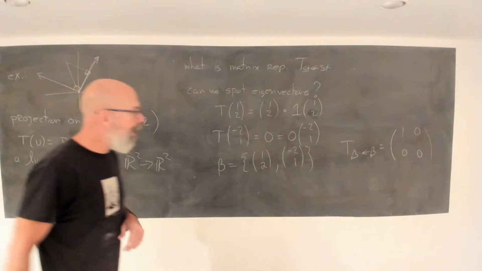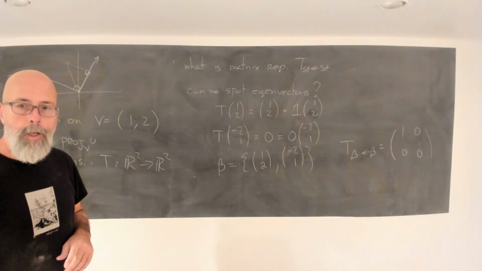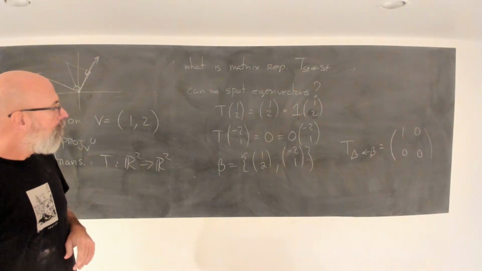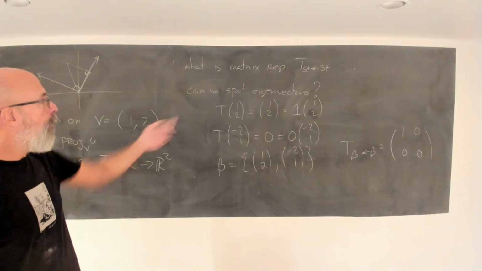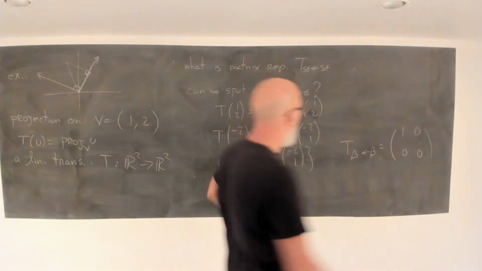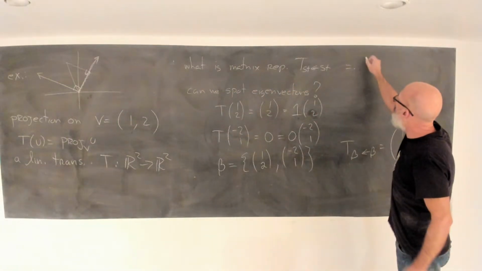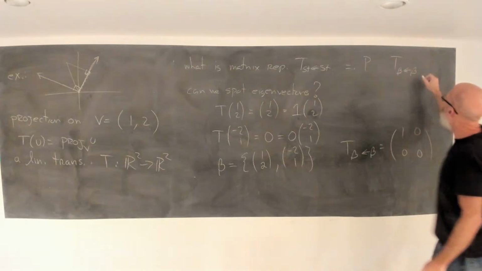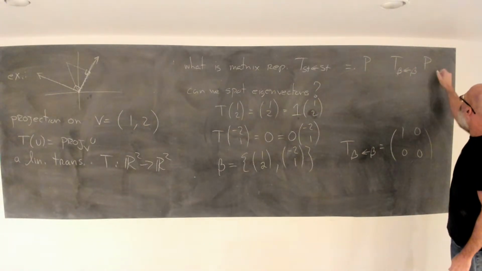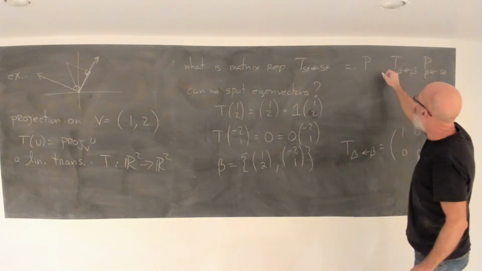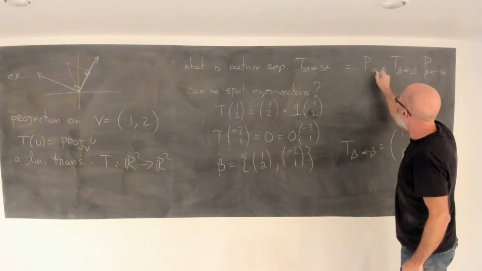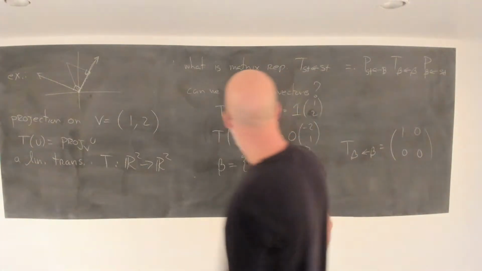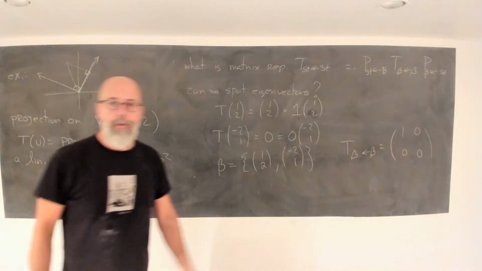That is your representation from B to B. And now if you want standard to standard, it's going to be B to B, standard to B, and then B to standard. Just a multiplication of matrices.